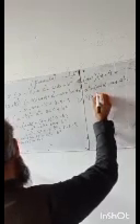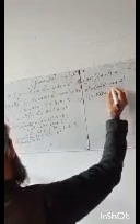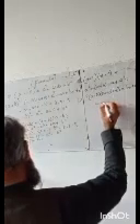Left hand side: x plus a multiplied by x plus b is equal to x square plus xb plus ax plus ab, is equal to x square plus a plus b x plus ab, equal to right hand side.